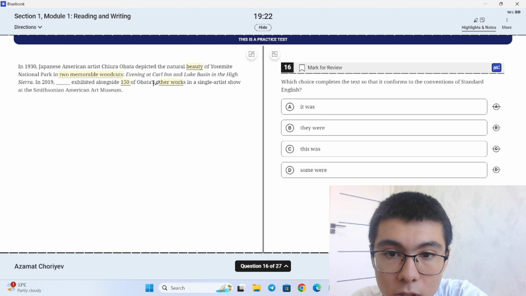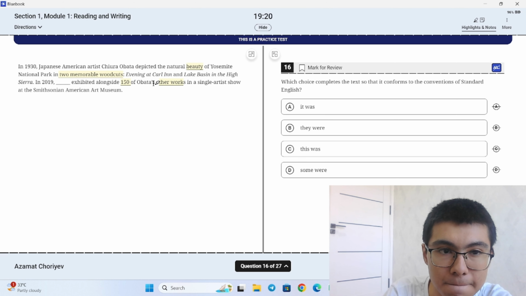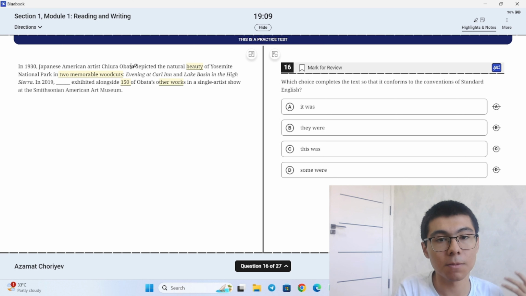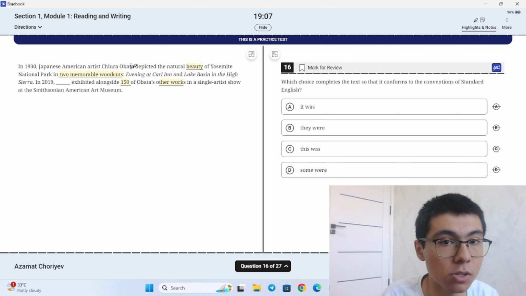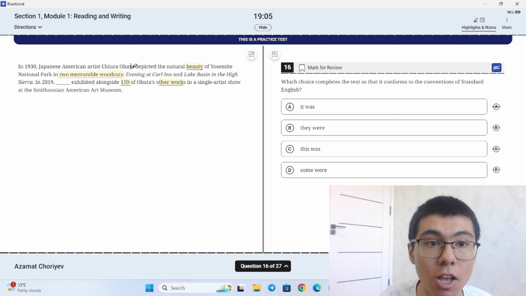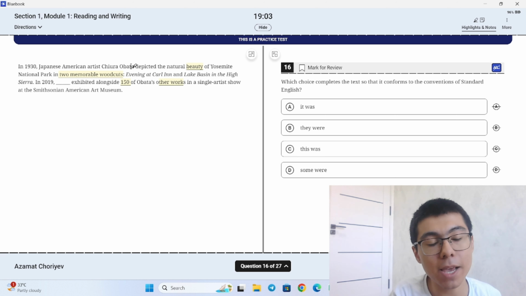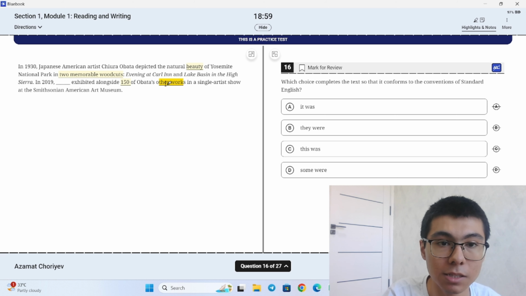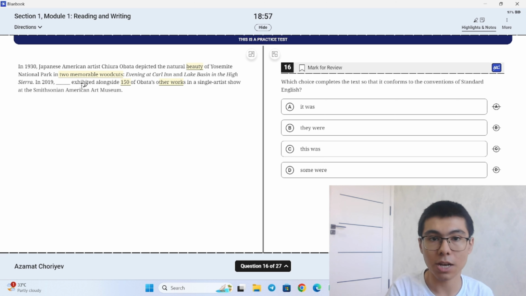So Obata, there was a beautiful park, which was Yosemite National Park, and Obata made two woodcuts. So other works here, we have to refer to other works.